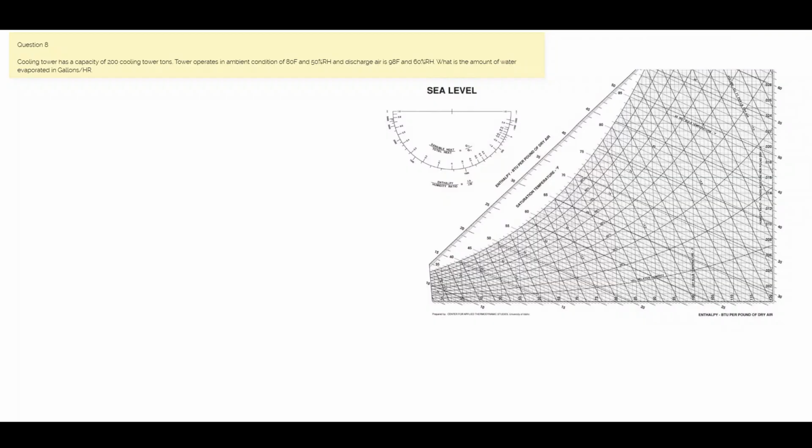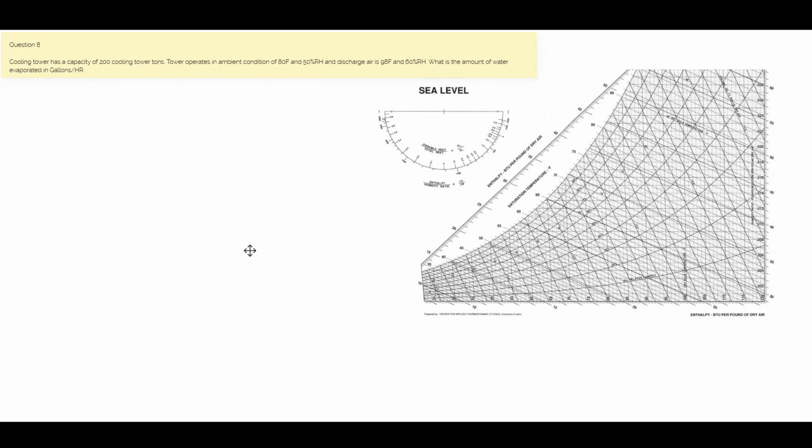So, first step, we have to look up what is a cooling tower ton. So, 1 cooling tower ton equals 15,000 BTU per hour.